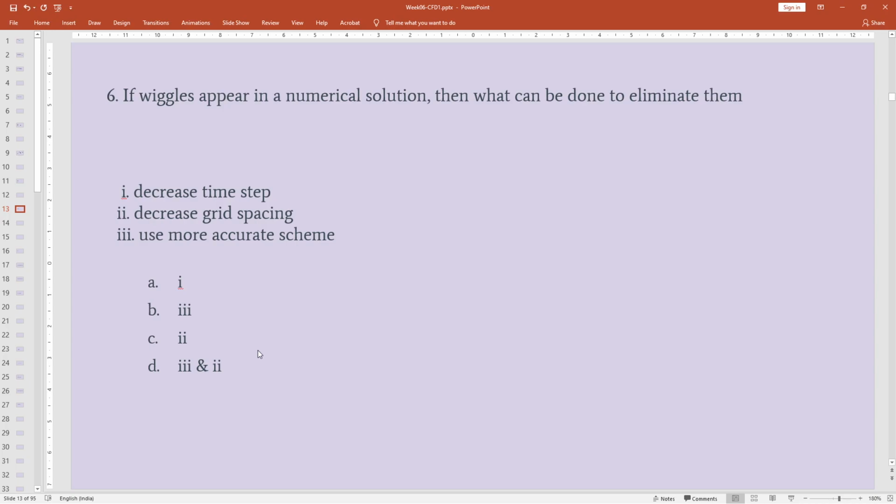First one, decrease the time step. Second, decrease grid spacing. Third, use more accurate scheme. You can inbox your answers.